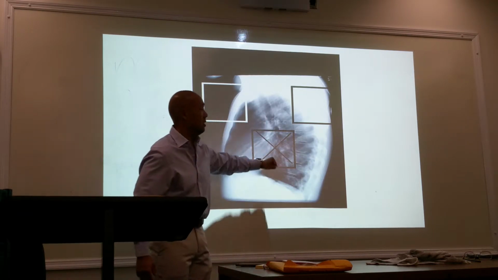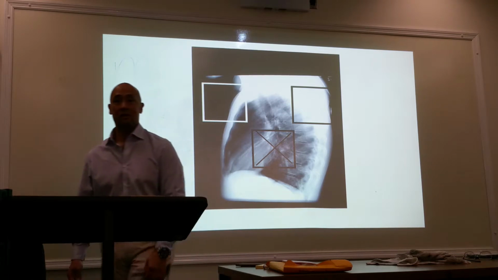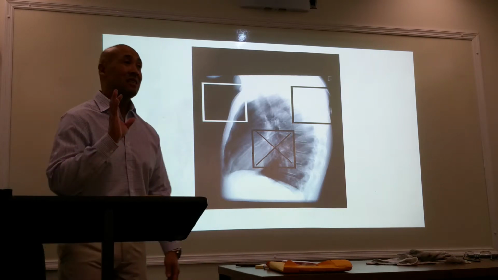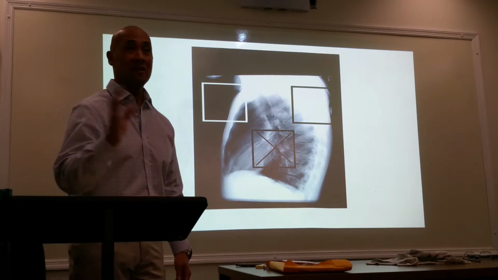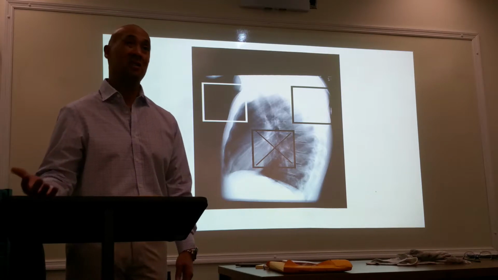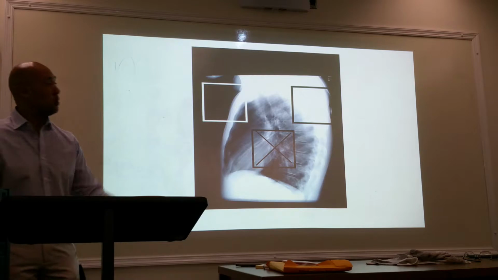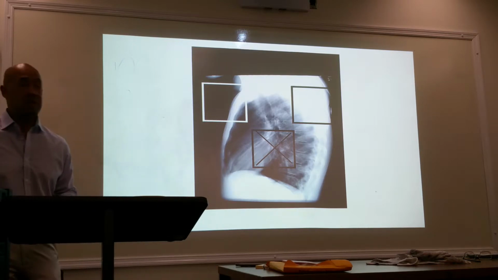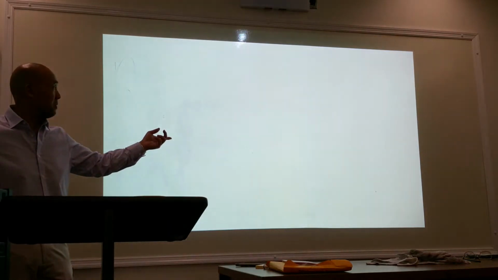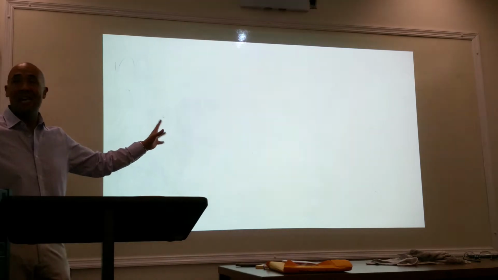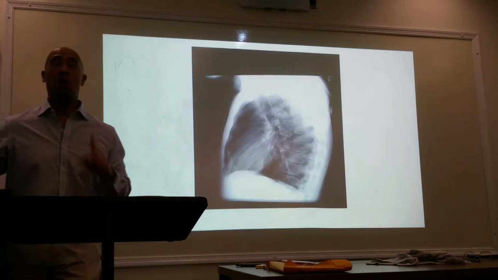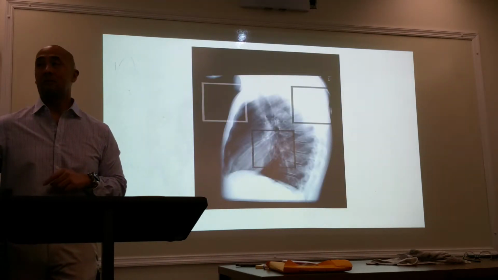I'm just going to use the center. Again, it's going to vary from facility to facility and whoever your technologist is that you're following around. Some might use all 3, but we don't use all 3 in a lateral. On AP and PA, you have the option. Lateral is always going to be 1 cell, always the center.